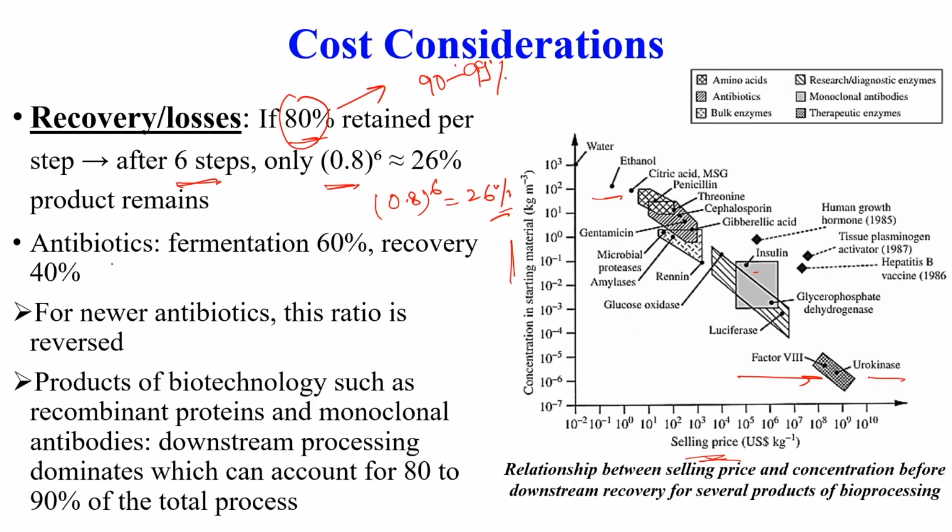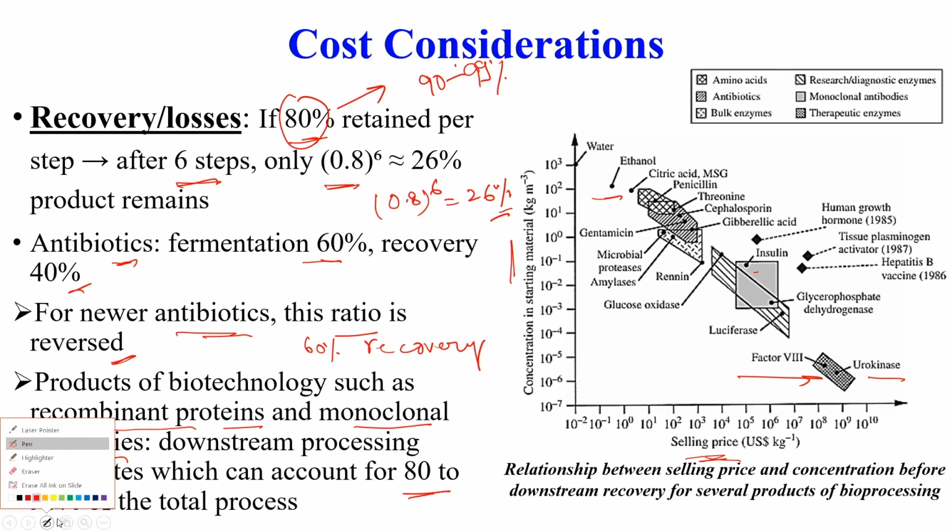Typically, in the case of antibiotics, the fermentation cost is 60% and the recovery cost is 40%. But in the case of newer antibiotics, this ratio is reversed. It means there is a 60% cost for recovery, and for biotechnology products such as recombinant proteins and monoclonal antibodies, downstream processing dominates. It contributes 80 to 90% of the total cost.